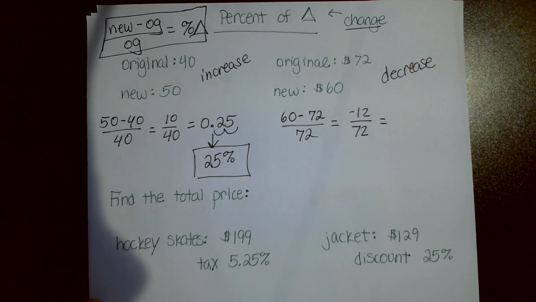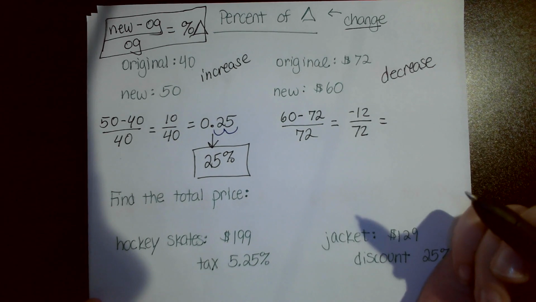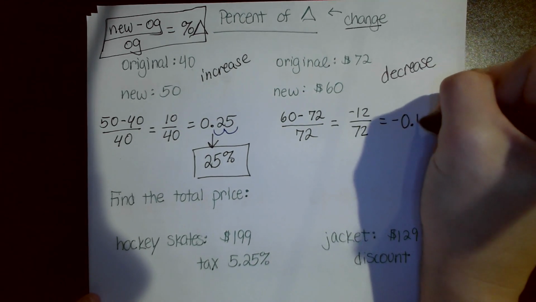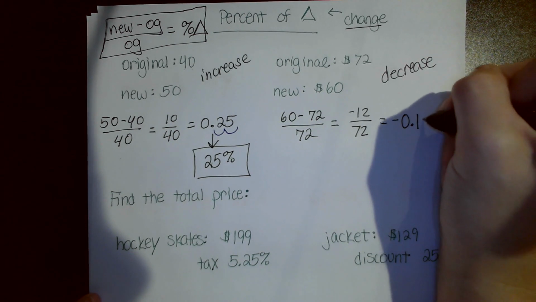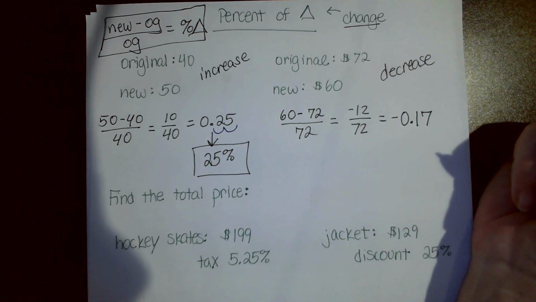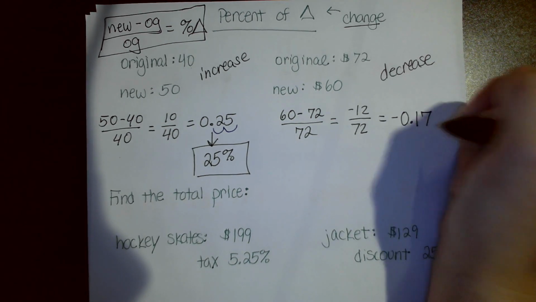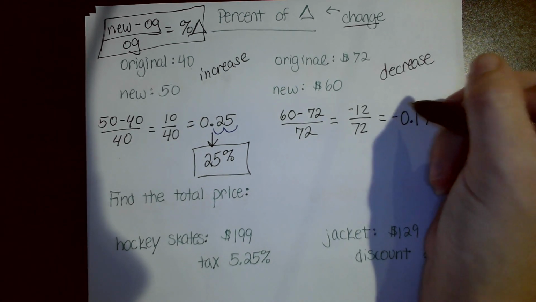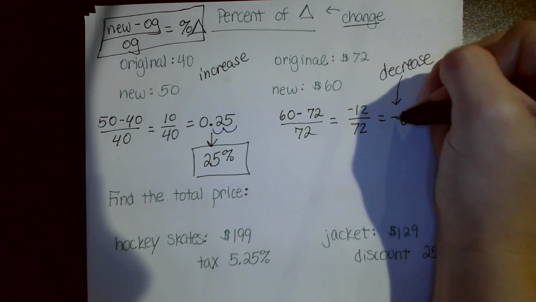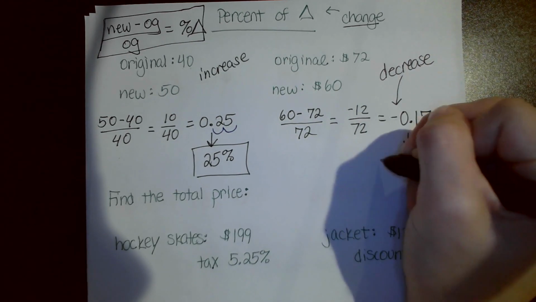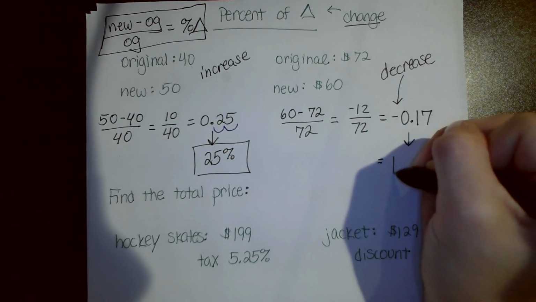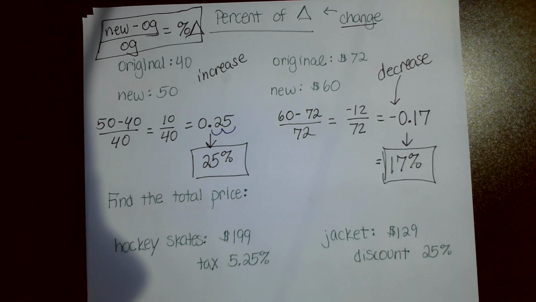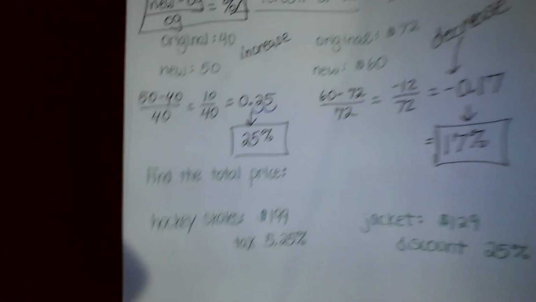Now, if I divide negative 12 divided by 72, I get negative 0.17, round to the second place value. All right, so I'm not going to write a negative percent. The negative just confirms for me that it's a decrease. So this is going to become 17% decrease. So we would say that was a 17% sale.